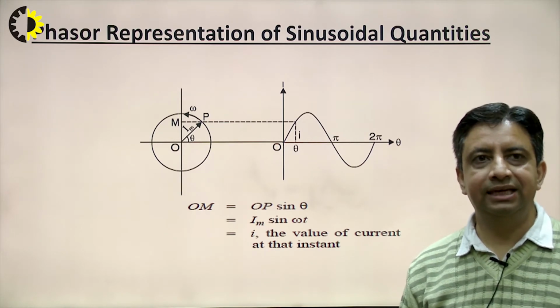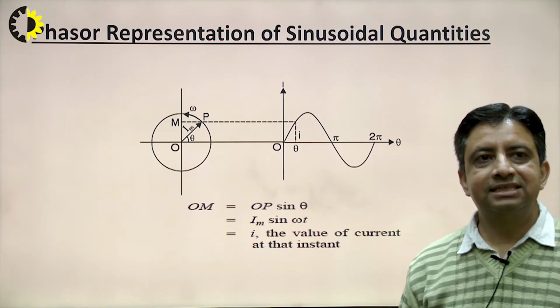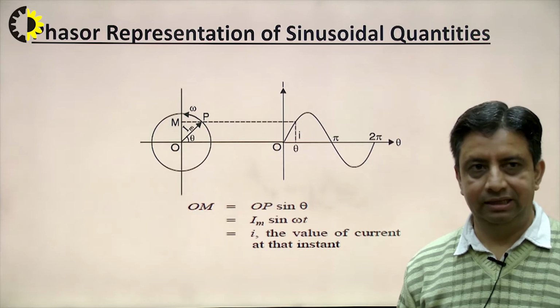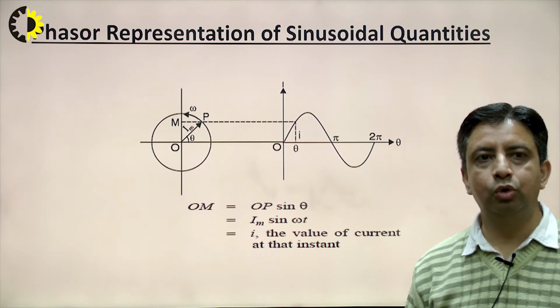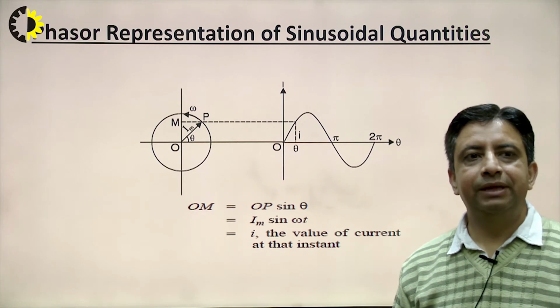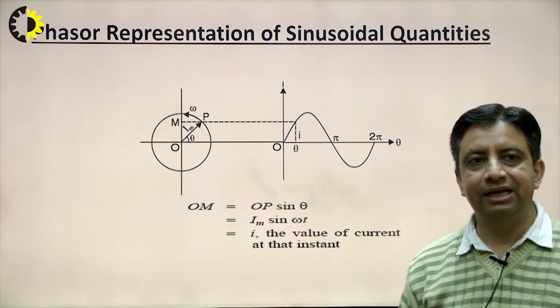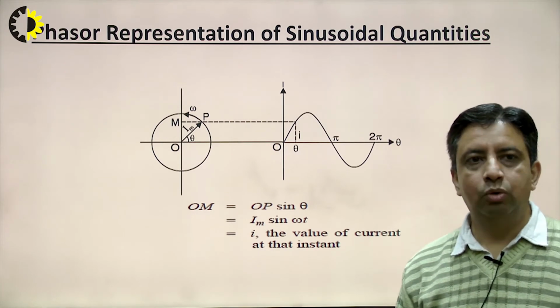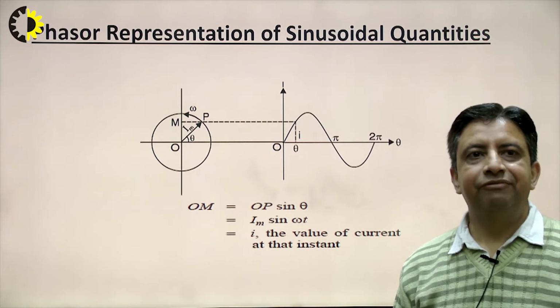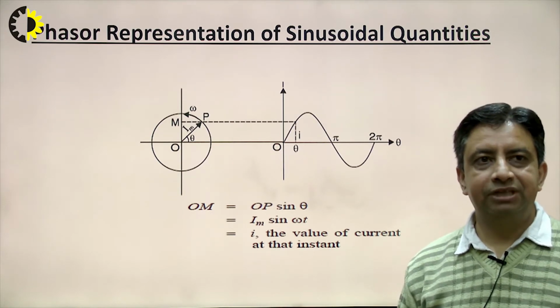This OM gives the instantaneous value of current. That is why OM is equal to OP sin theta. This will again be equal to the equation of current, that is small i equal to Im sin omega t. That is why we can represent this alternating current waveform with the help of this phasor.